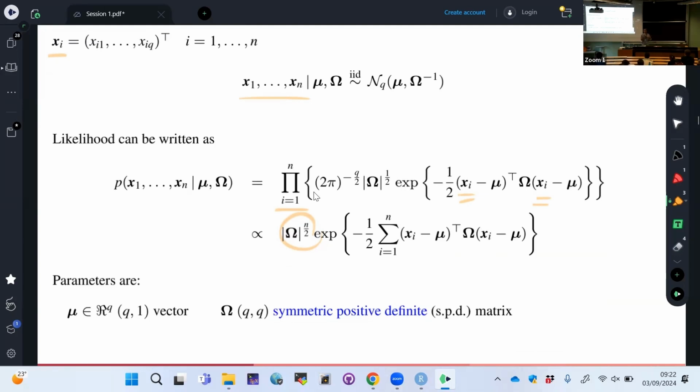It must satisfy some constraints. In particular, it must be symmetric and positive definite. So omega itself has some constraints, even in a general multivariate normal distribution, still without a graphical model, which will introduce even more constraints on omega.